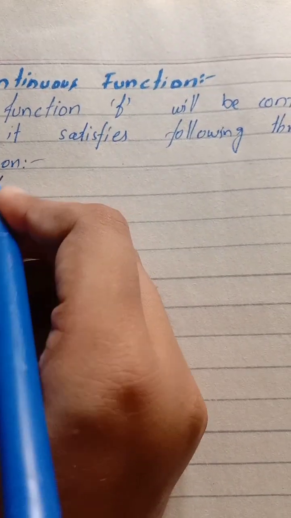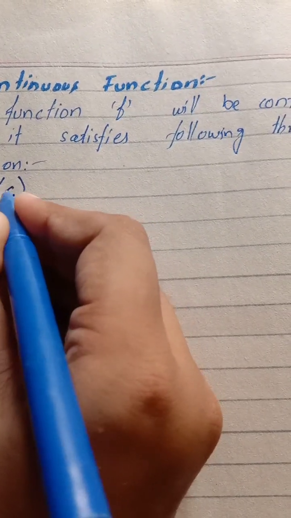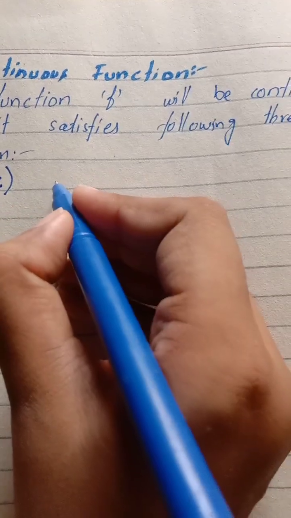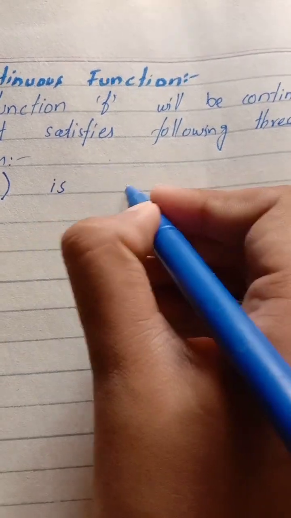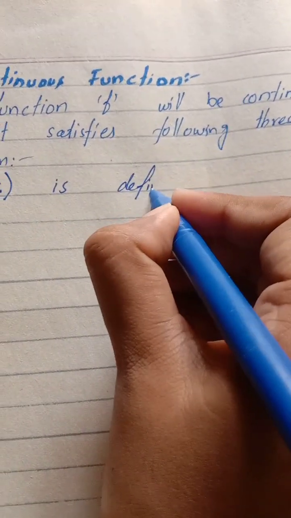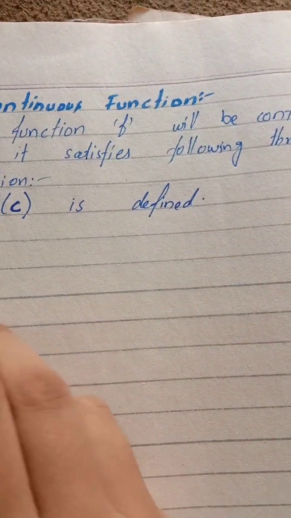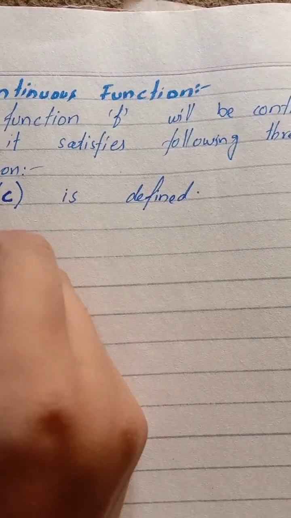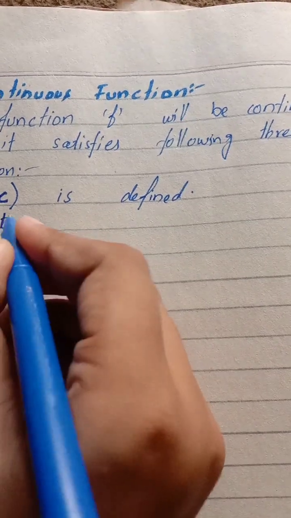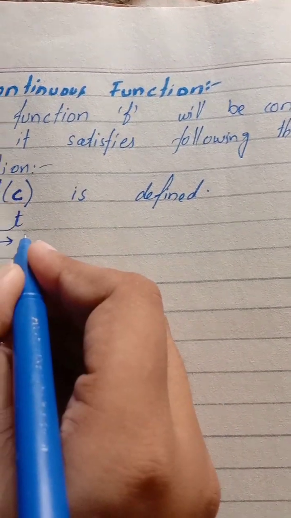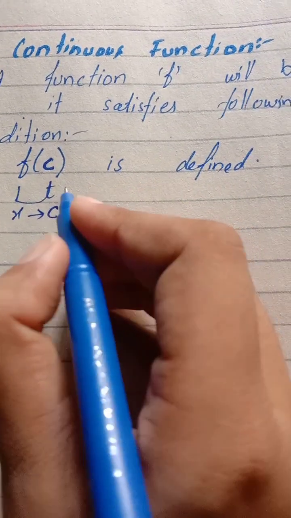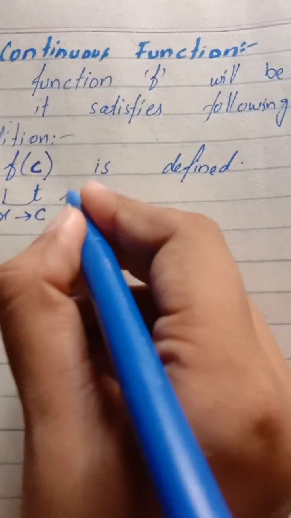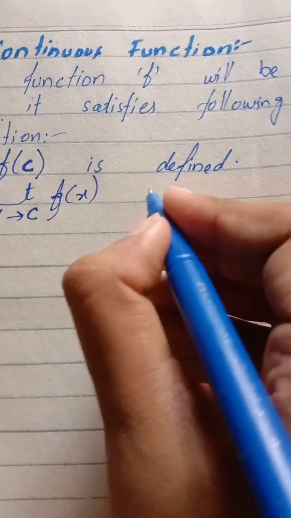First, f of c should be defined. That means the function must have a definite value at c. Second, the limit as x approaches c of f of x exists.